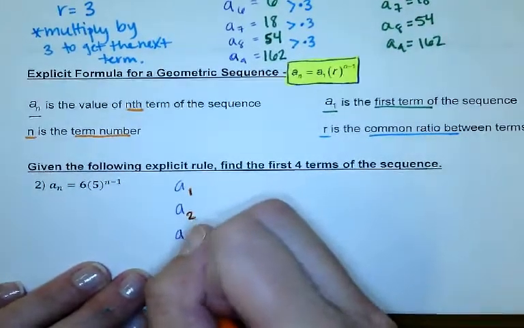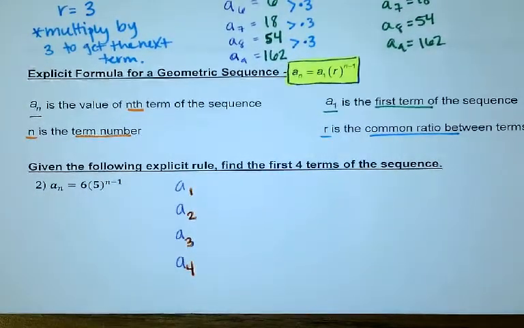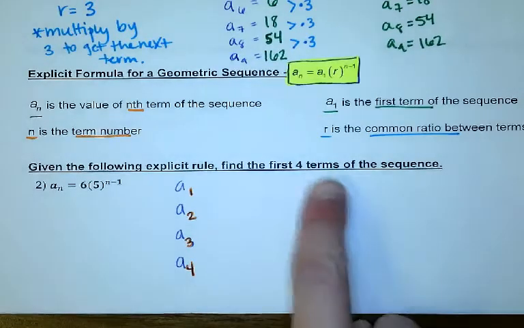If they ask what is the 10th term, then I would replace n with 10, okay? But it asks for the first 4 terms, so I'm going to replace it with 1, 2, 3, and 4.